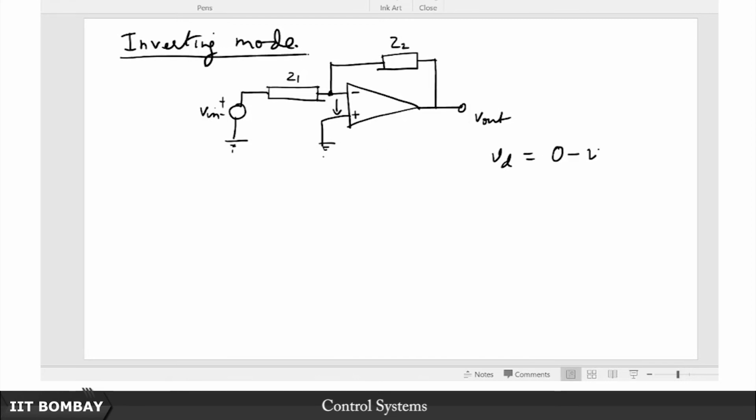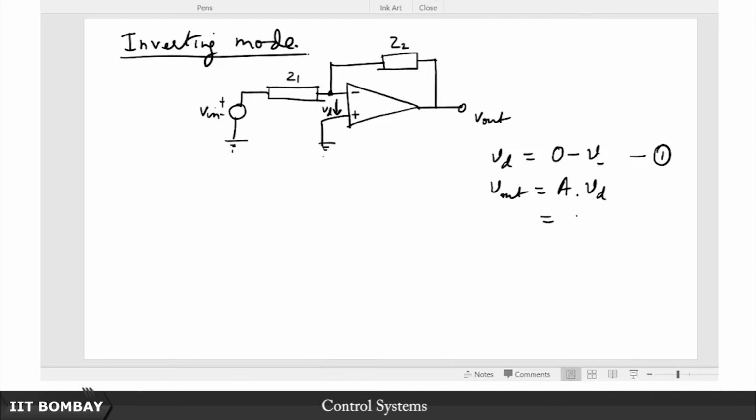So this is 0 minus V minus, and that is our first equation. The second equation is of course V out is equal to A times VD. Recall that this is my VD, this arrowhead denoting the polarity. So this is my VD.